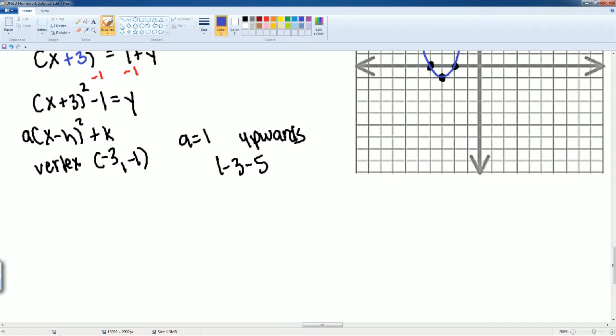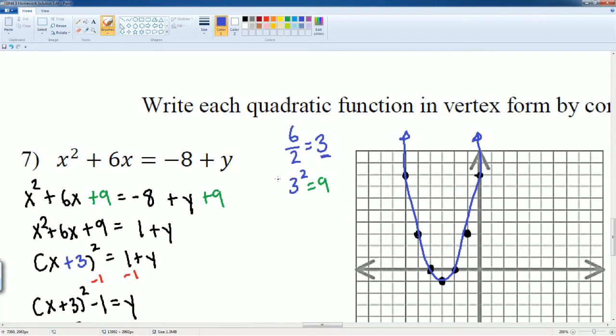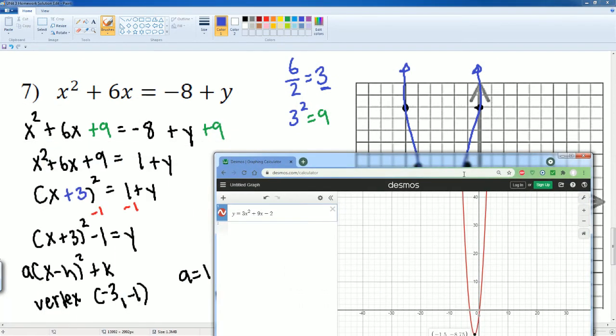Let's double check by graphing it on Desmos. Let's grab Desmos for us to graph it with. This was our equation that we are going to graph.